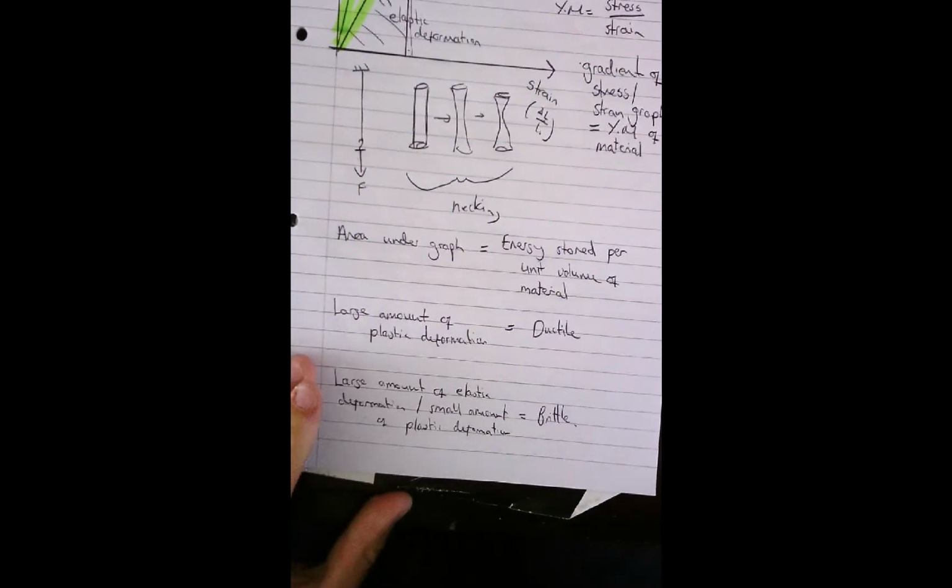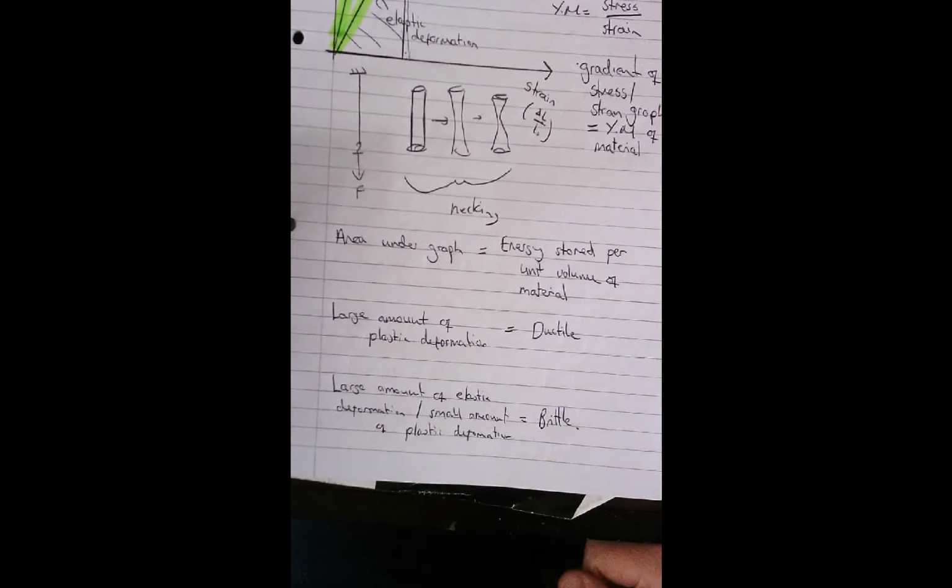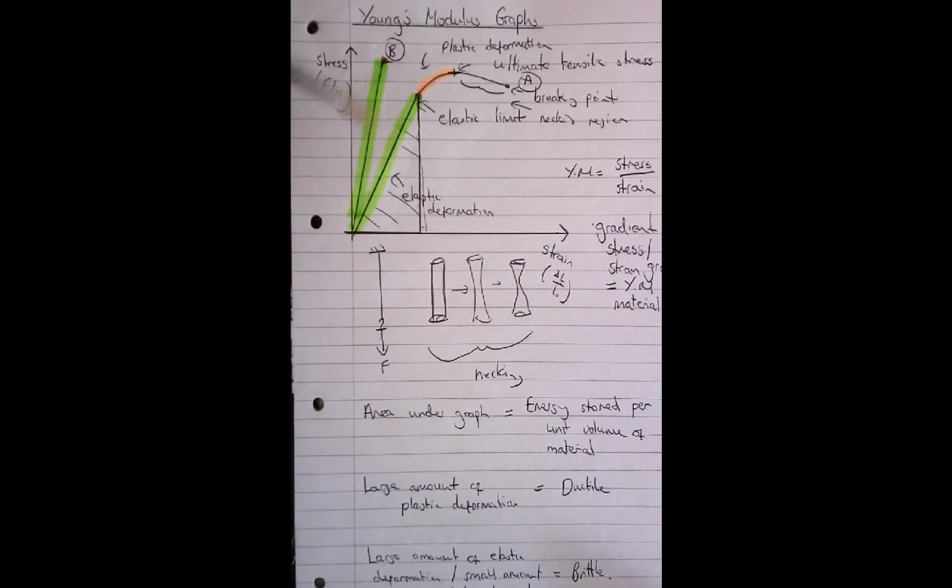Just an interesting point here to note that if I was applying force to material B, there'd be nothing that would be happening to show that I was applying a force. You'd be applying a force and it'd be very hard to notice any extension of that material.